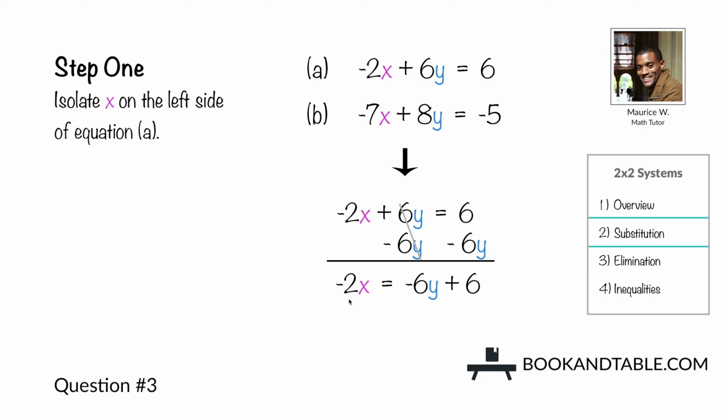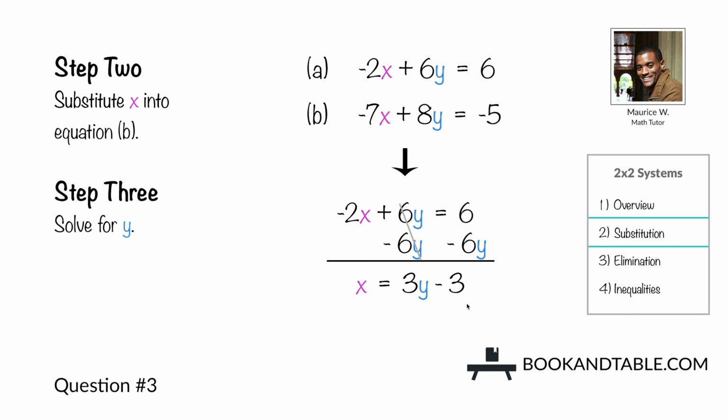To get rid of the coefficient, negative 2, we'll divide both sides by negative 2, giving us x is equal to negative 6y divided by negative 2, which would be 3y. Positive 6 divided by negative 2 would be negative 3. So we get x is equal to 3y minus 3.